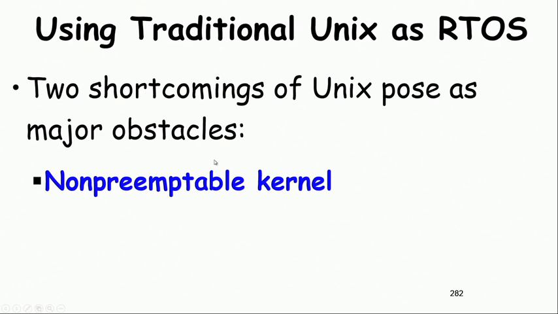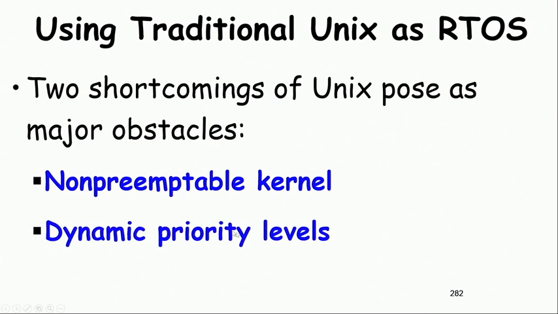The first is non-preemptable kernel. When the Unix code is being executed, that is the kernel code is being executed, then all interrupts are disabled. And the second issue is the dynamic priority levels. The Unix operating system keeps on shifting the priority level of a task at every time slice.